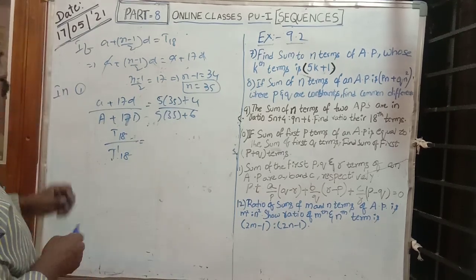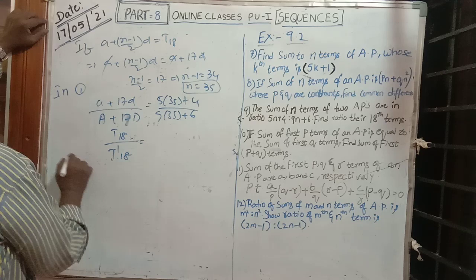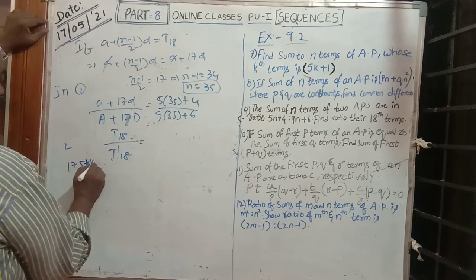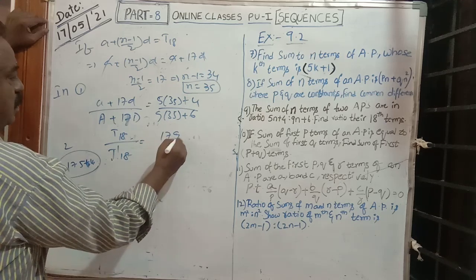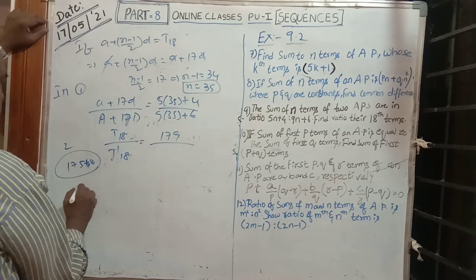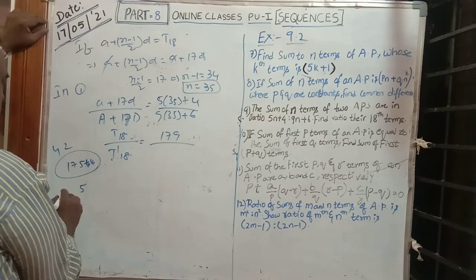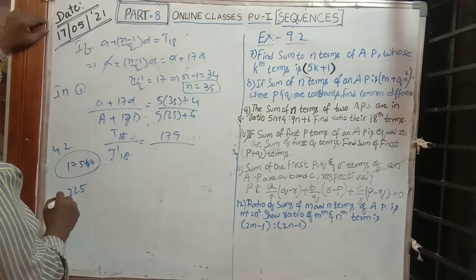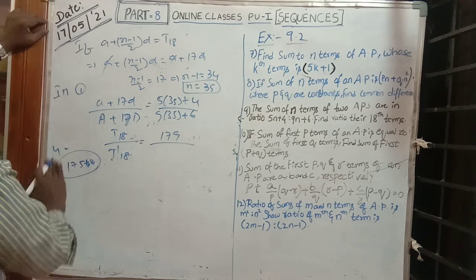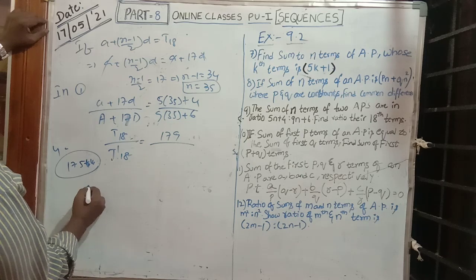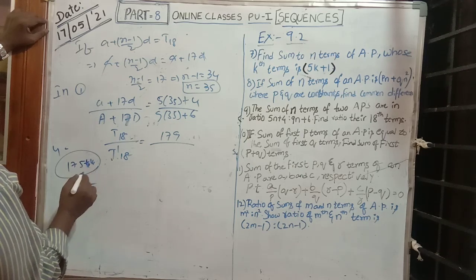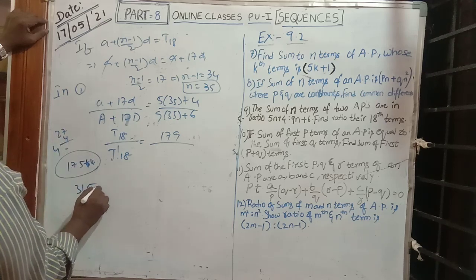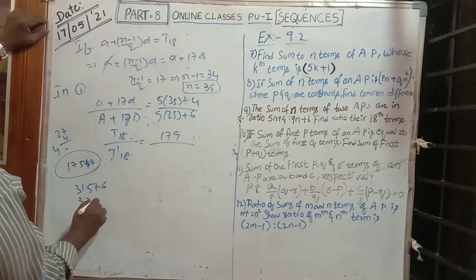Here we have to multiply. 5 into 35 is 175, plus 4 is 179. Here 9 into 35: 9 fives are 45, 9 threes are 27, 27 plus 4 is 31, so 315 plus 6 is 321.